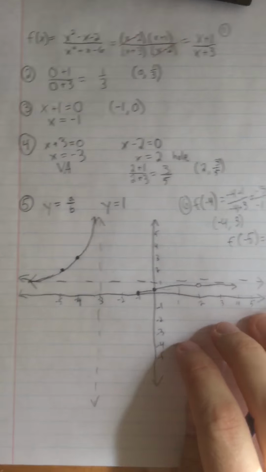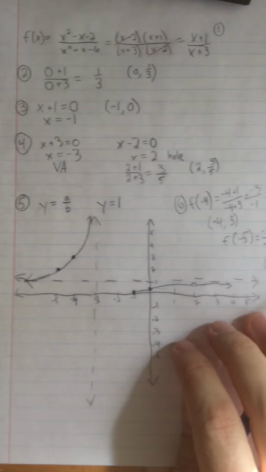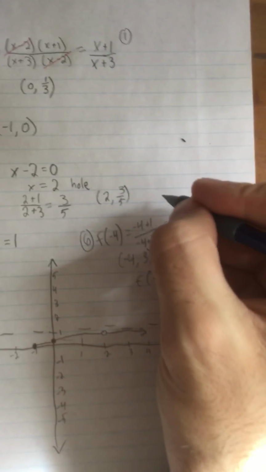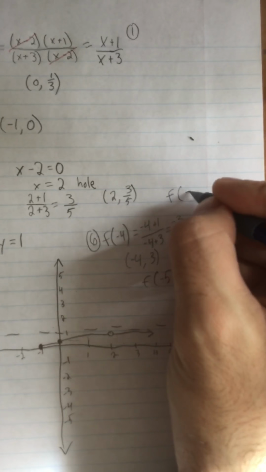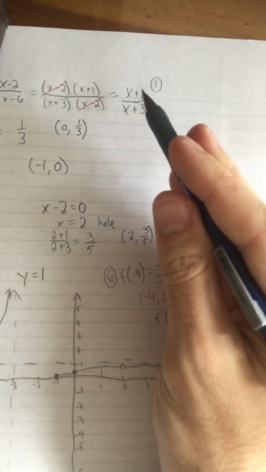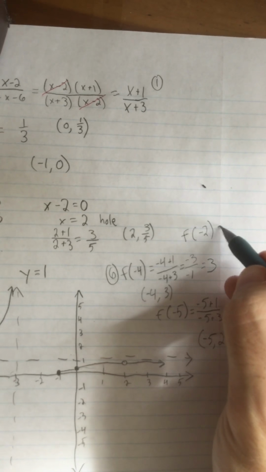Okay. I might want to find another point here down below to figure out where this is coming down. So maybe I'd plug -2 into my function. If I did, I'll do it up here. If I did f(-2), that again is me plugging -2 into this here.